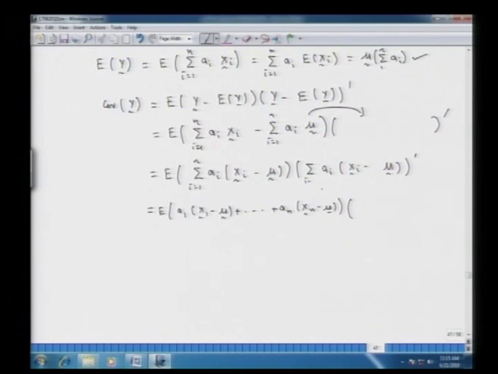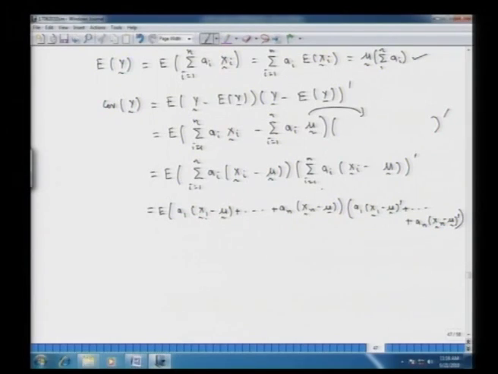So we will have a1 x1 minus mu its transpose, plus the last term, which would be an xn minus mu transpose. So we are going to take expectation term by term for the entries of this particular product.